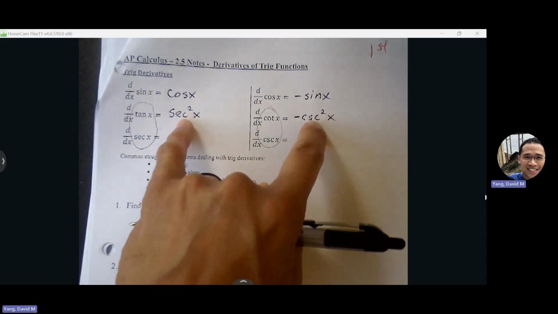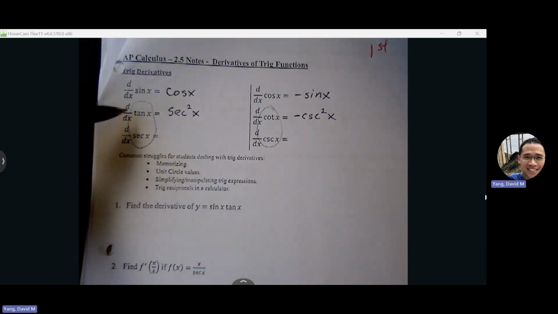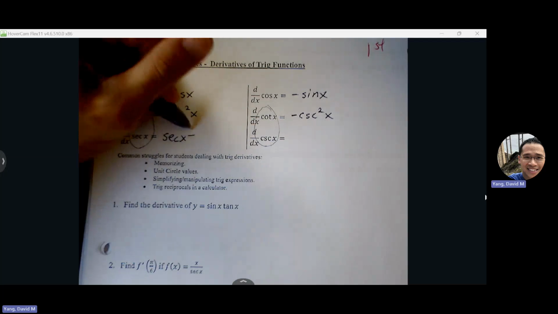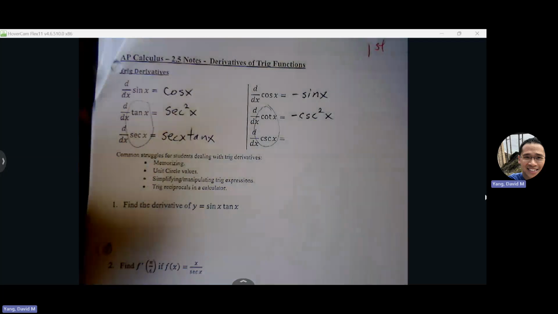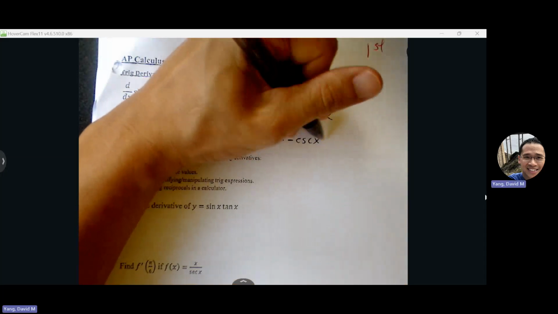Both are going to be a trig function squared. And then secant's derivative is going to involve itself and tangent: secant X tangent X. And if you follow the same pattern here, it'll be negative cosecant X cotangent X.